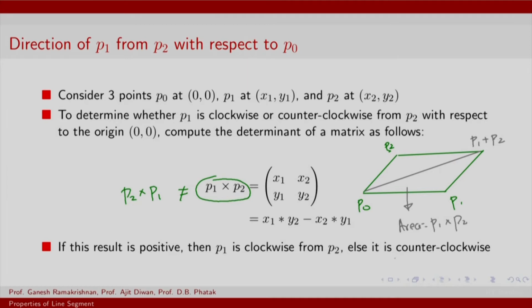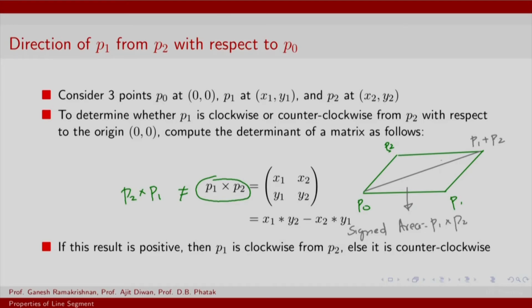However, this area is not commutative with respect to P1 and P2, so we call this the signed area. The signed area P1 cross P2 is not the same as the signed area P2 cross P1.